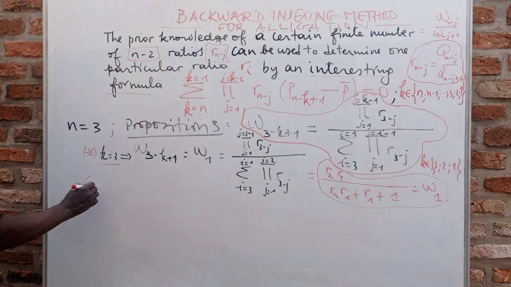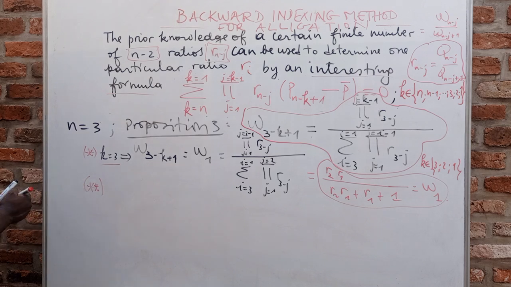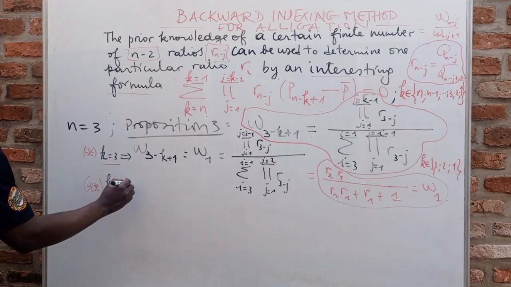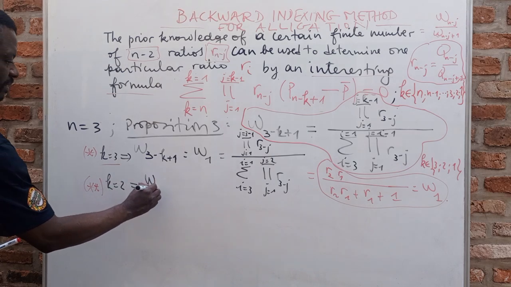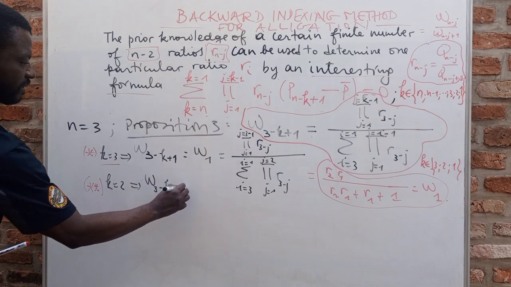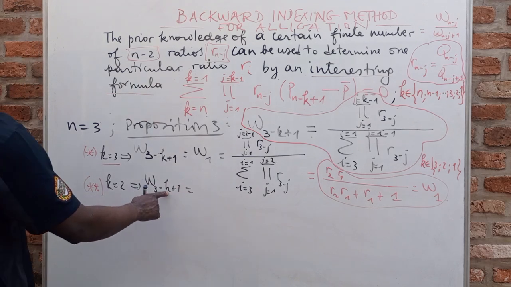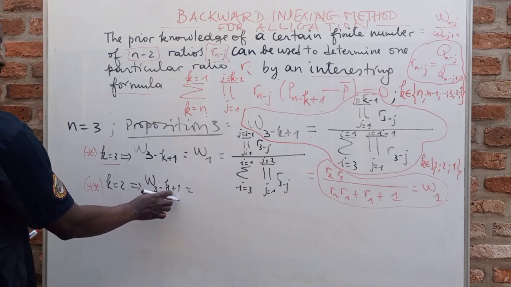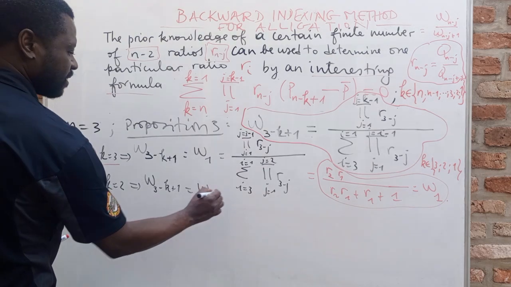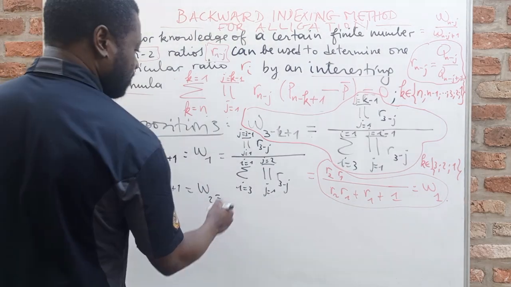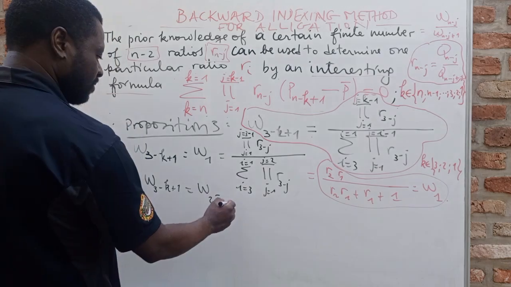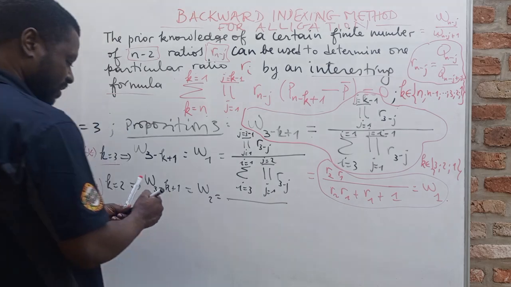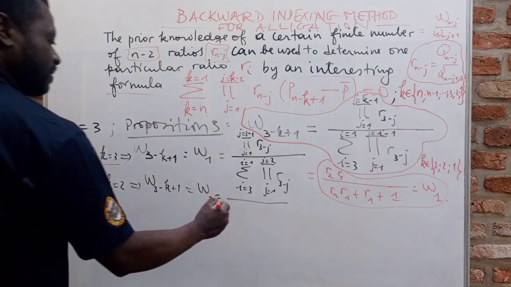In the case k equal to 2, what am I going to have? I'm going to get the same formula: n minus k plus 1, substituting 2, you get 3 minus 2 plus 1 equal to 2, so omega sub 2. Immediately let me tell you what I'm going to get.